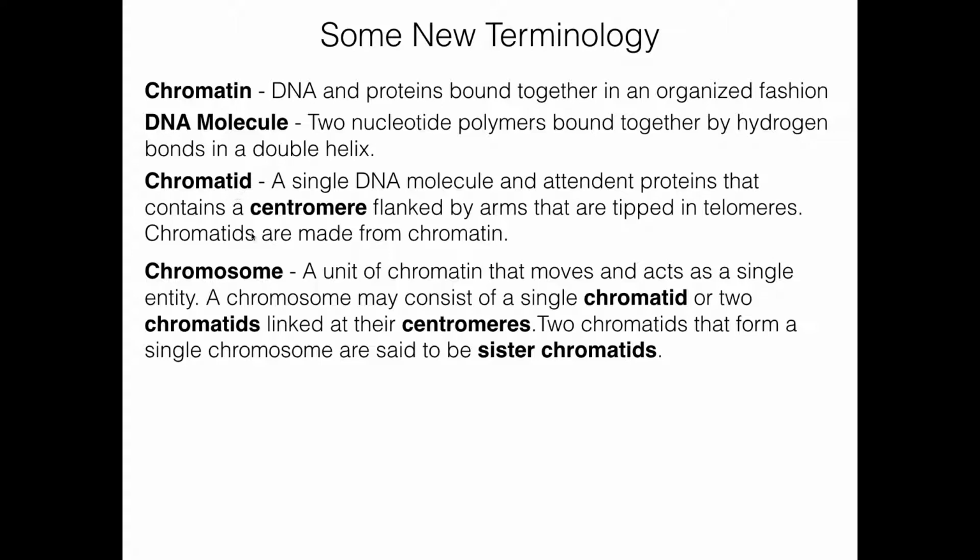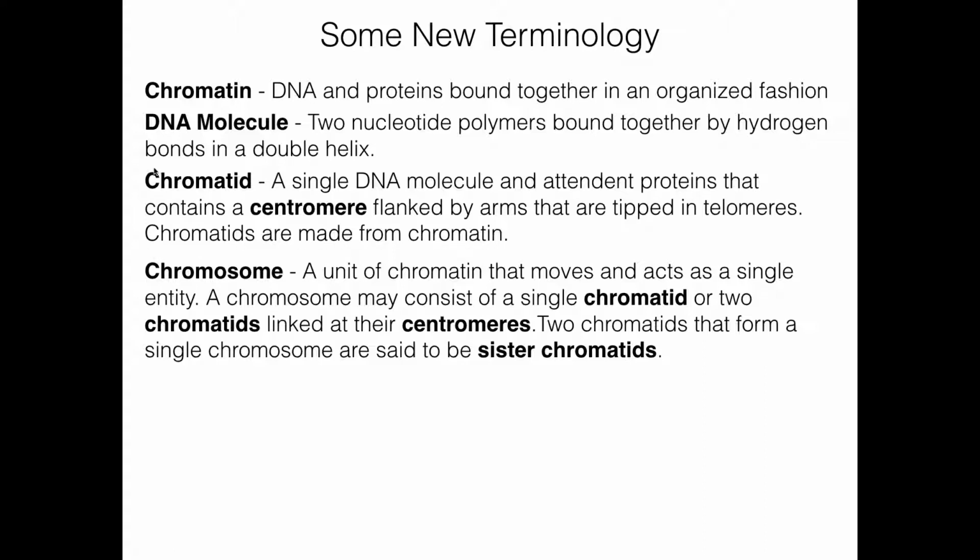A chromatid contains a centromere somewhere in the center, and on either side of the centromere are what are called arms, and at the end of the arms are telomeres. Telo means ends.